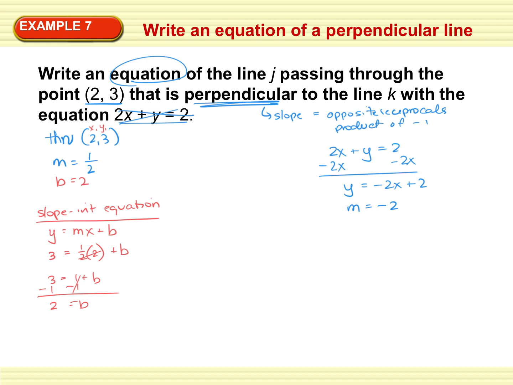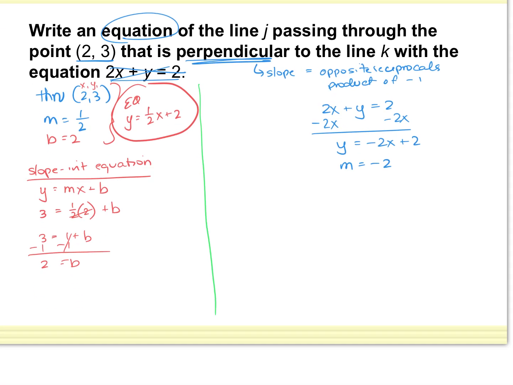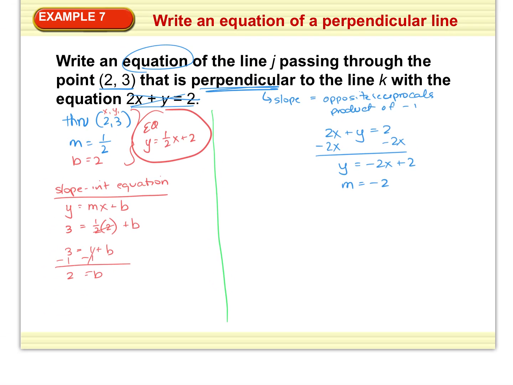And if b equals 2, I know that my equation is going to be y equals 1/2 x plus 2. And so this, I think, is the easier way to do it. But again, it's always good to know how to use the point-slope form. And so I'll show you that one as well.